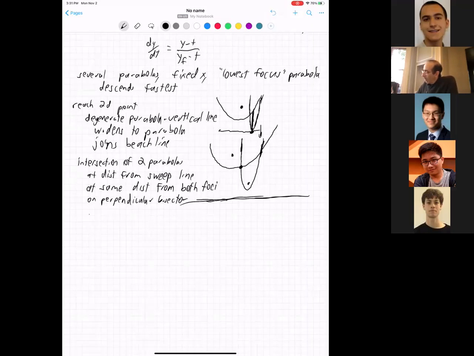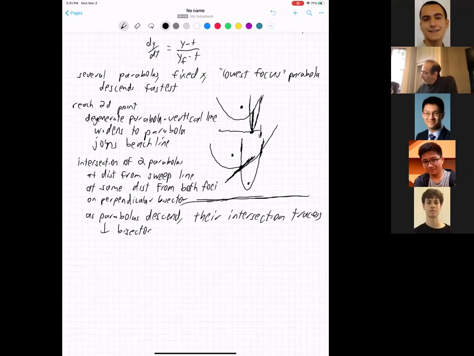In other words, as the parabolas descend, their intersection traces the perpendicular bisector. So if I draw this perpendicular bisector, you can see that the intersection point is actually going to travel on a straight line, which is the perpendicular bisector. Right?